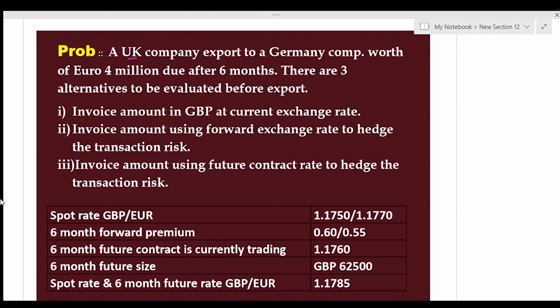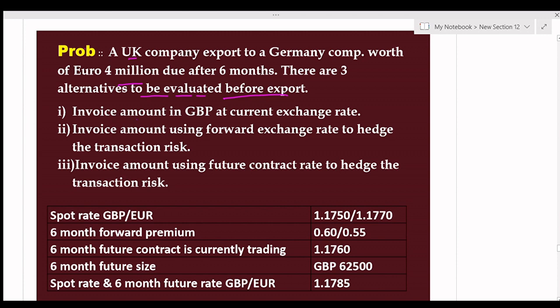Today I will solve one problem and start calendar spread. Now, one problem. A UK company exports to a German company worth 4 million euro due after 6 months. There are three alternatives to be evaluated before export.